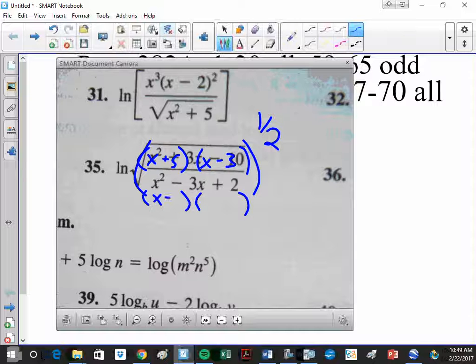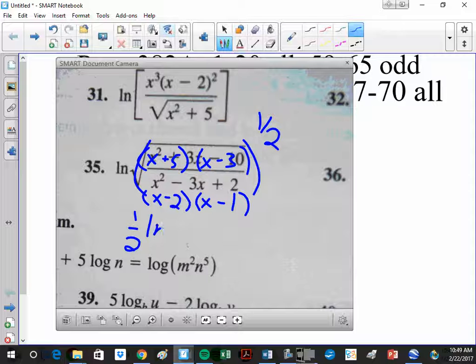X minus 2 and x minus 1. So I will have 4 logarithms. 2 factors on top will be positive, and 2 factors on bottom will be negative. Everything has a 1/2 power, so all of the natural logs will have a 1/2 in front. Okay? Or if you're lazy, I guess you could just do 1/2 and then a big set of parentheses. But my guess is that's not how it's in the back. Who knows? Cynthia doesn't follow the rules.